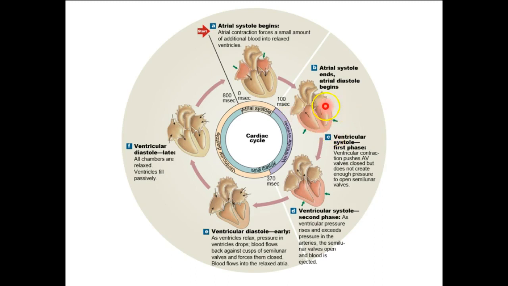So the thing that's going to close the AV valves is the contraction, the systole of the ventricles. What's going to happen is there's blood in the ventricles, there's pressure being put on that blood, that pressure in the ventricles increases, and that backwards force against the AV valves is what shuts it. It goes like this.